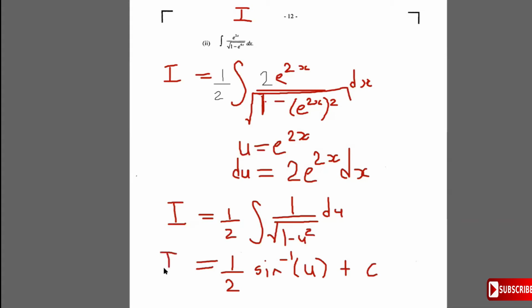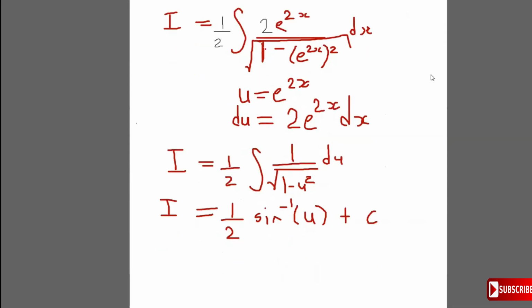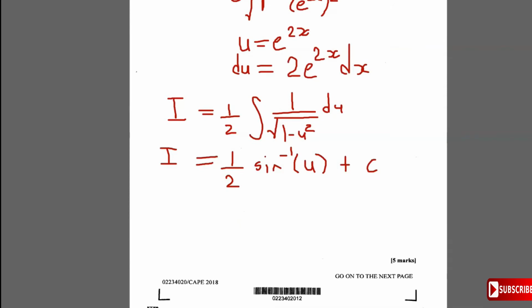But we can't stop right here. Never stop right here. Remember I said u is e to the 2x. And so you have to go further. And then finally you can conclude that I is equal to a half sine inverse of u, where u is e to the 2x, plus some constant c.